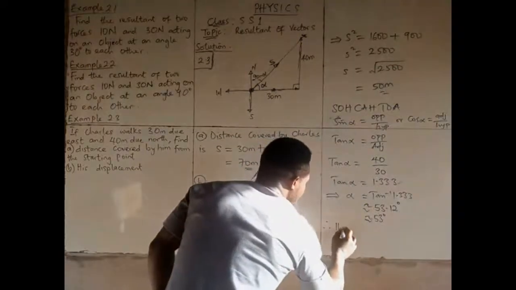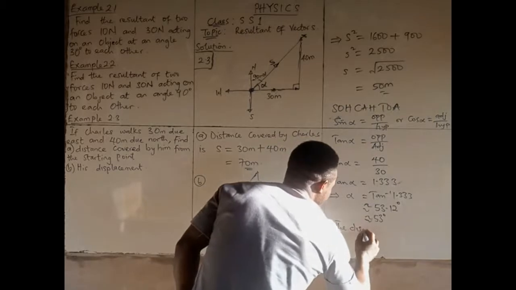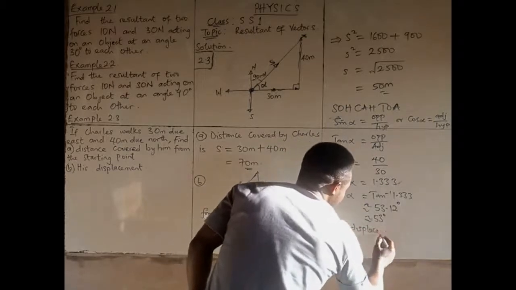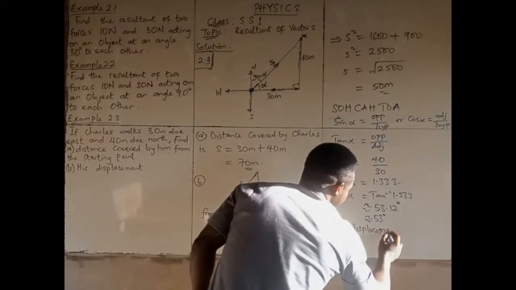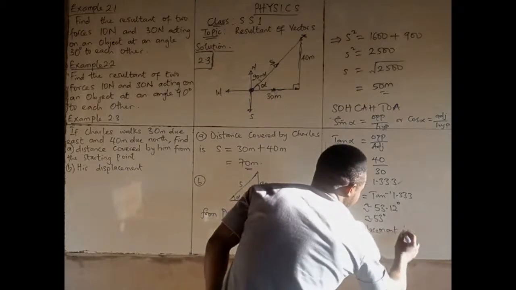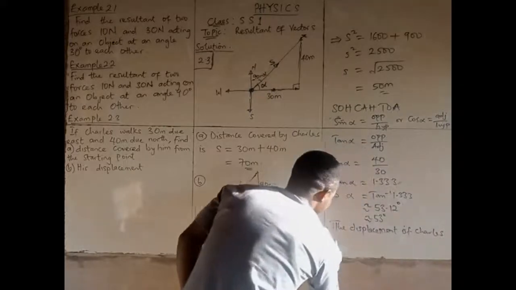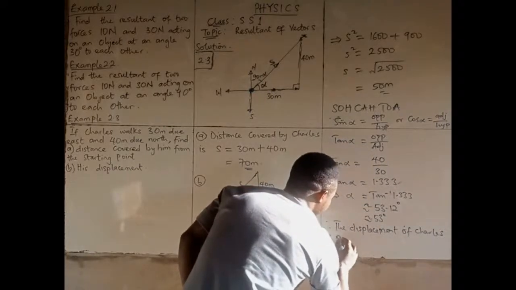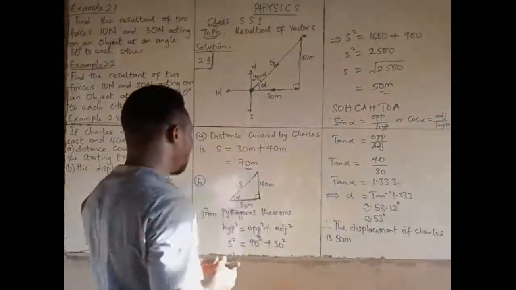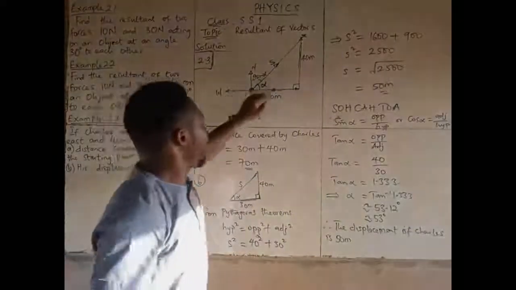Therefore, the displacement of charge is 50 meters, instead of moving a distance of 70 meters from here to here.